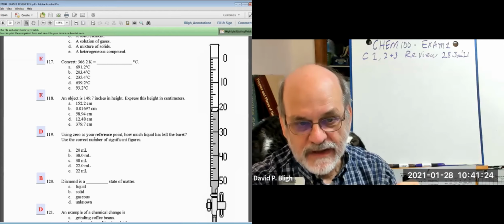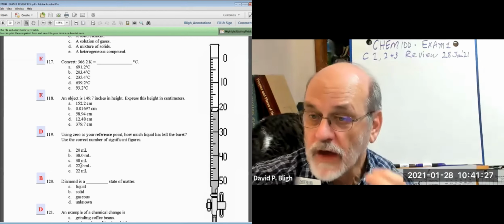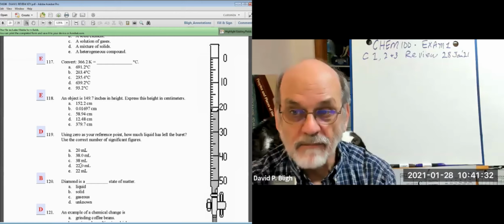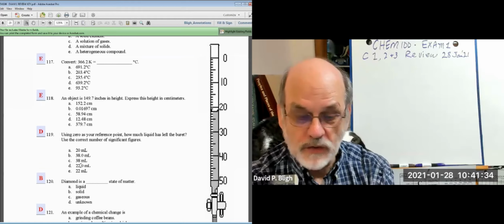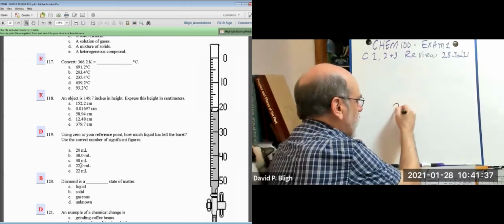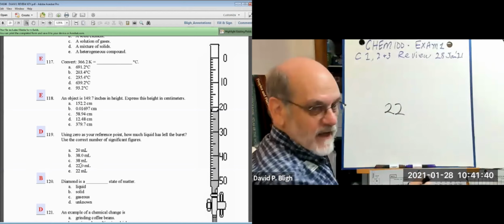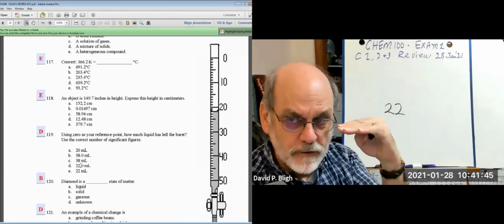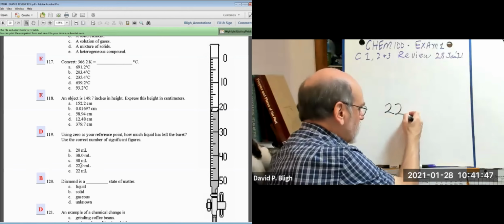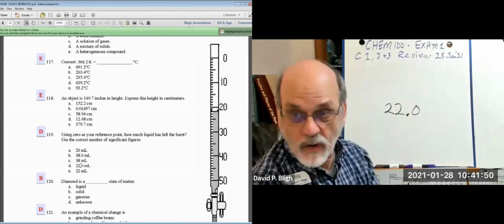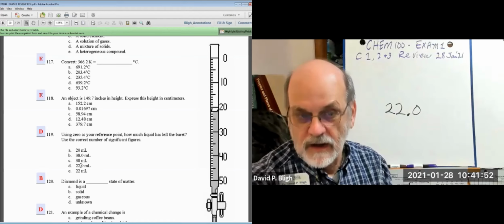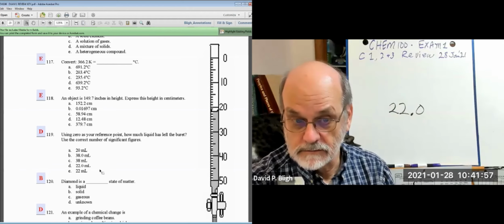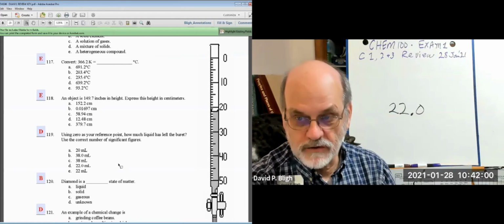Then our answer would be, we're on the marking for 22. Remember that? The 2 is a certain number for this measurement. The last number is a guess. So if we think we're sitting right on 2, then the last number is our guess, 22.0. That's why the answer is D and not E. Okay? I just want to drive that point home.